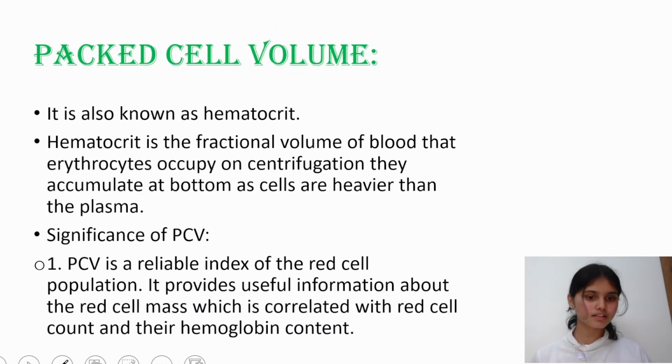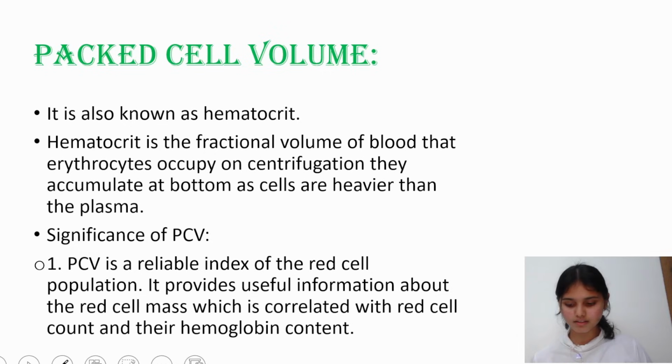Significance of this packed cell volume. The packed cell volume is a reliable index of the red blood cell population. It provides us useful information about the red cell mass, which is correlated with the red cell count and their hemoglobin content. Now, the RBCs that are at the bottom, if they're less in number, you can correlate it with the red cell count and their hemoglobin content.